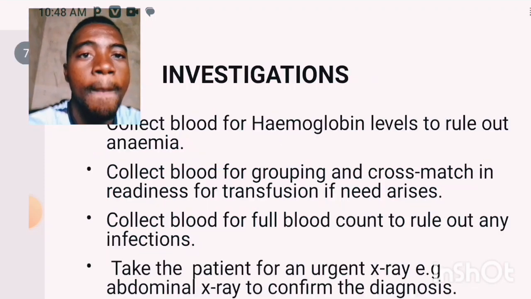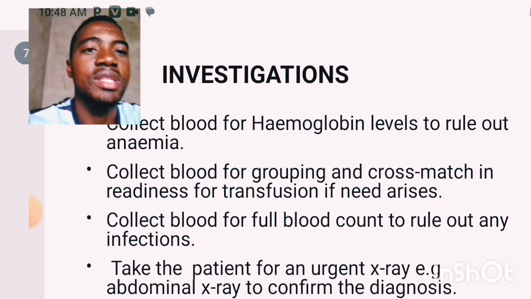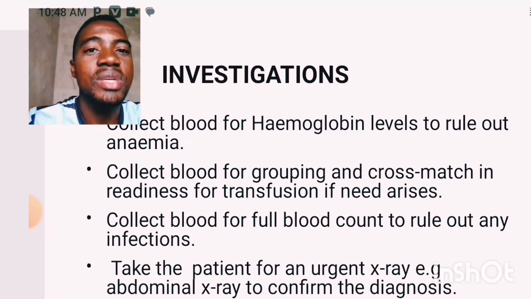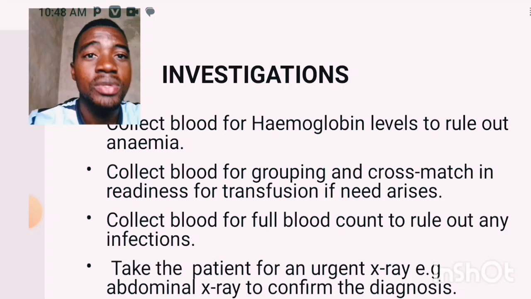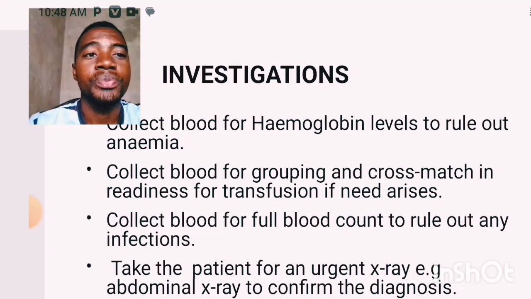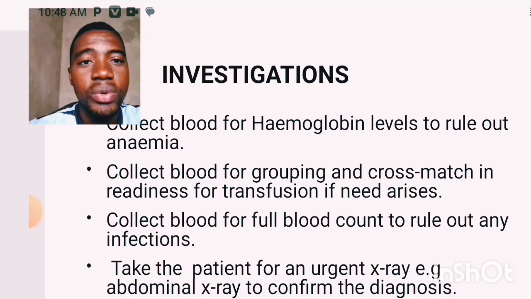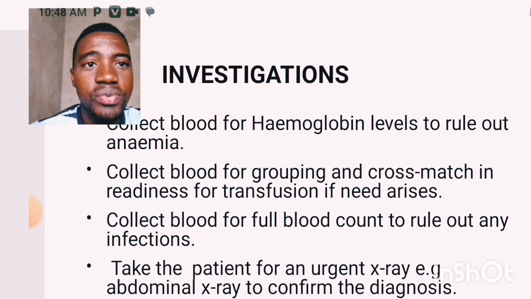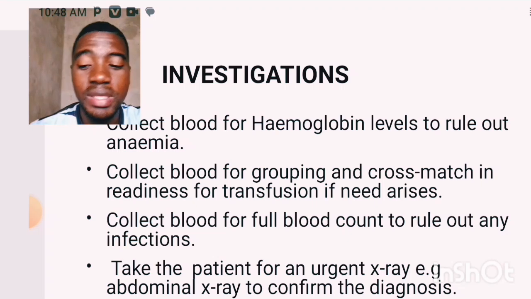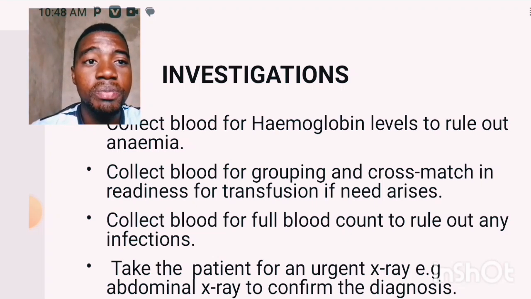So, investigations. As we said, this is a general management. I will collect blood for hemoglobin level to rule out anemia. There's a chance of this person being anemic. I will collect blood for group and cross match in readiness for transfusion if need arises.